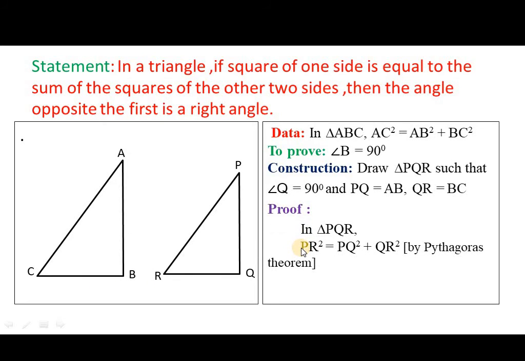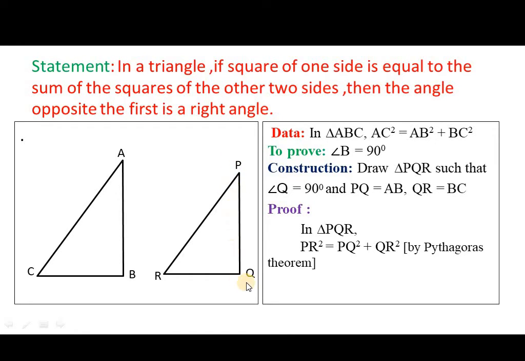So let us start our proof. Let us take the triangle PQR. In the triangle PQR, we will apply the Pythagoras theorem. The Pythagoras theorem says that the square on the hypotenuse, so this is PR, this is the hypotenuse, is equal to the sum of the squares of the other two sides.